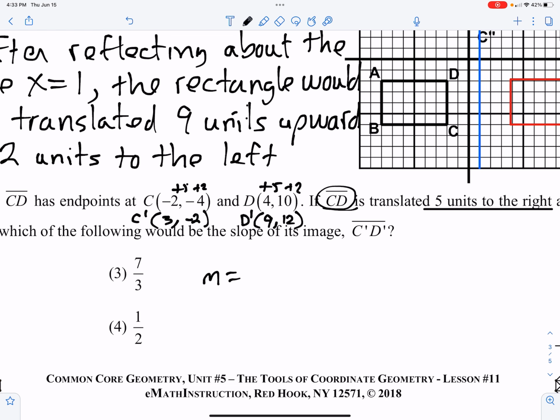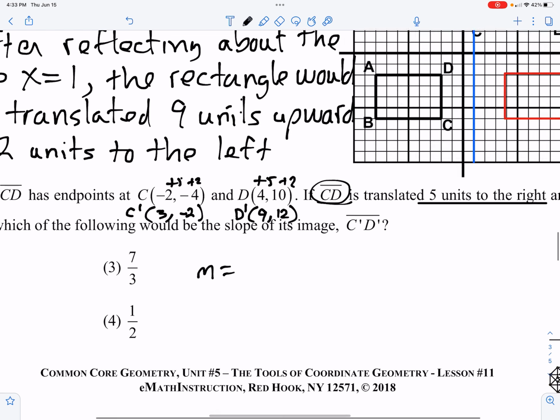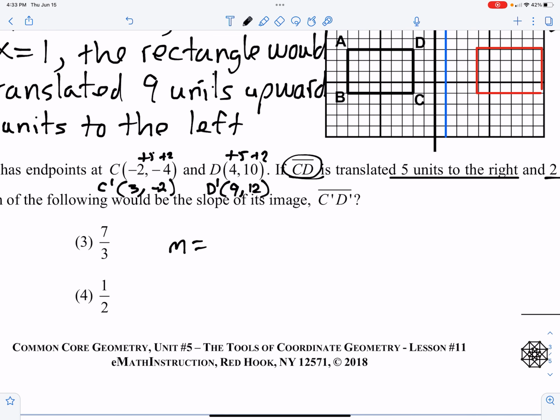So the slope, so let's say I choose this point right here as my original point. Well, if we think about what we did, we went 5 units to the right, so 5 units more. Let me see here.